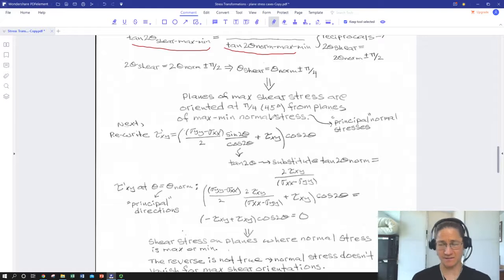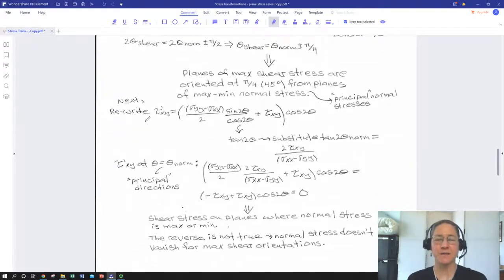So this is on the tilted plane. This is for any combination of applied shear and normal stresses. These are the angles at which we're going to find the max-min shear and normals. So now we know where in terms of tilt angle to find max shear and max normal.